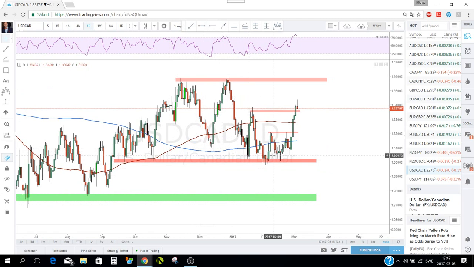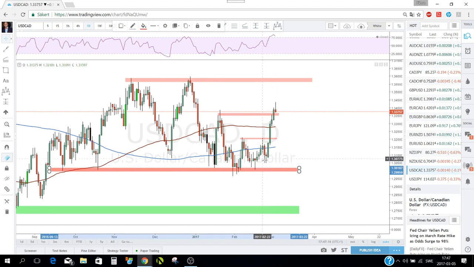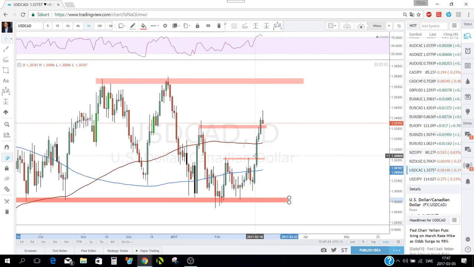What I said last week was that we should be looking for long until this structure is broken, from where price was somewhere here. We were talking about how ugly the structure is getting back down here, because as you see there was lots of indecision and whipsaw, and it was very hard to trade.